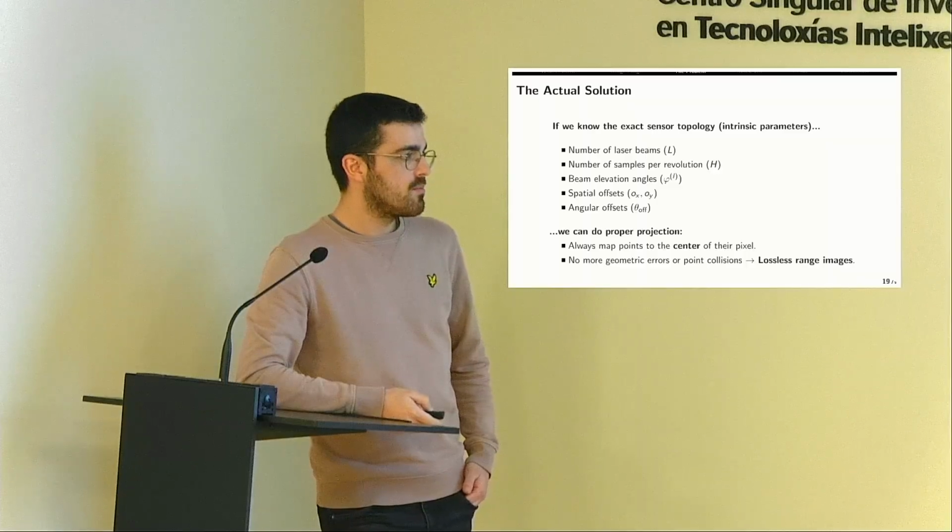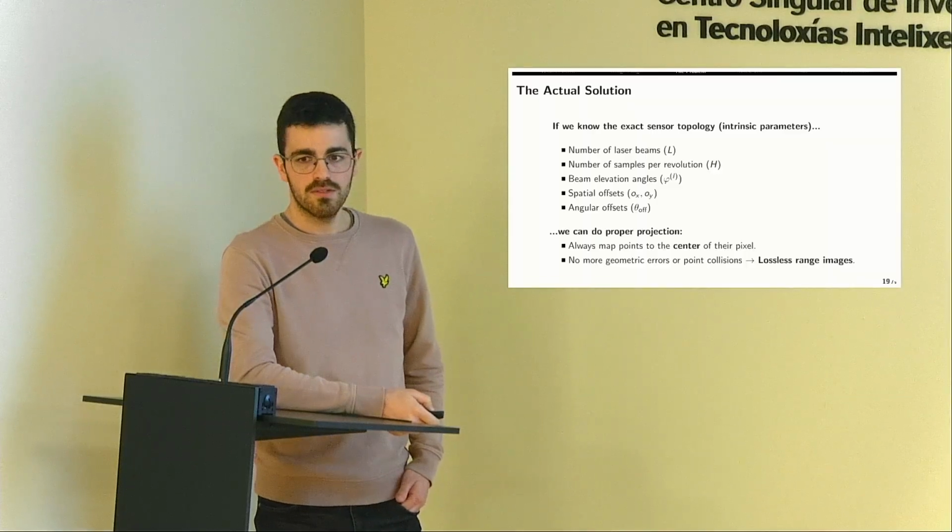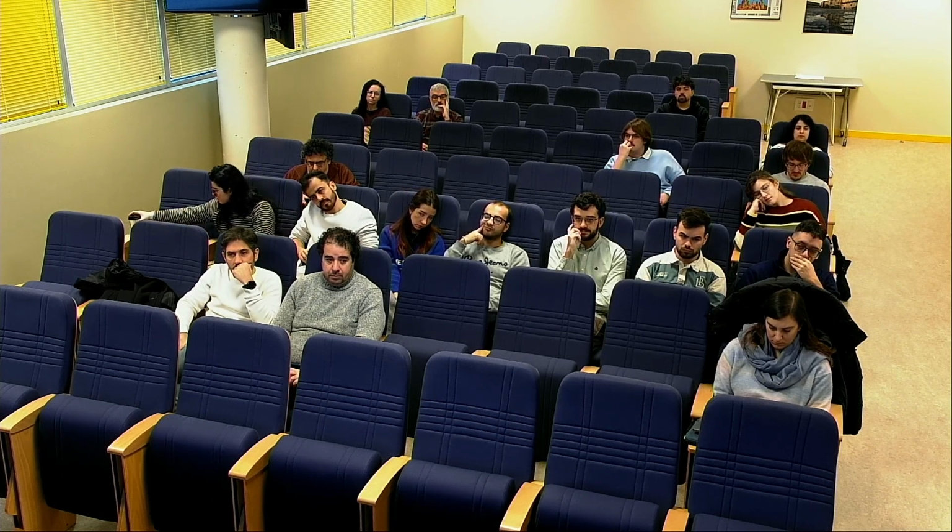If we know all this, we can do proper projection, using some basic trigonometry and math, we can ensure that we always map the points to the center of their pixels, which means we won't have geometric errors or point collisions, which means perfect lossless range images. So we can leverage these parameters, using basic trigonometry, to do this.